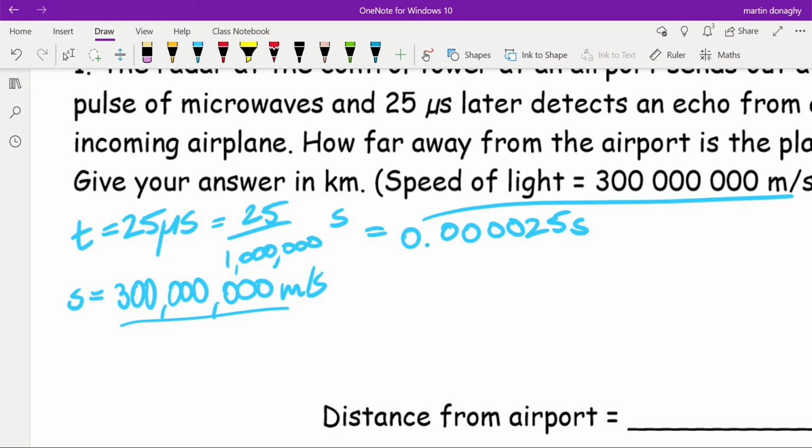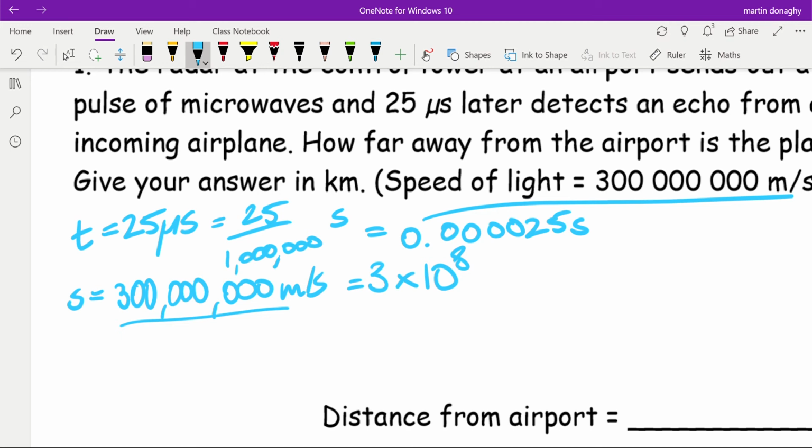You may not have come across this yet. If you haven't in year 11, you will in year 12 in your maths lessons. We have another way of writing big and small numbers. We can just say that this is exactly the same number as 3 multiplied by 10, 8 times, and we just write it as 3 times 10 to the 8.